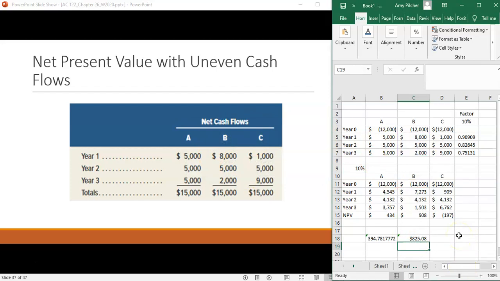So that's another way to calculate the net present value using Excel.